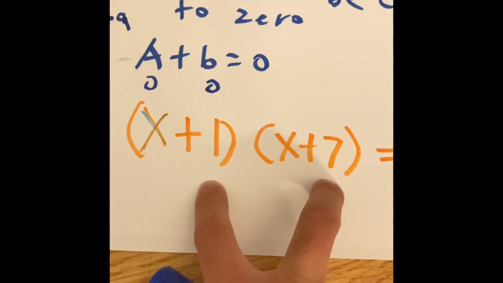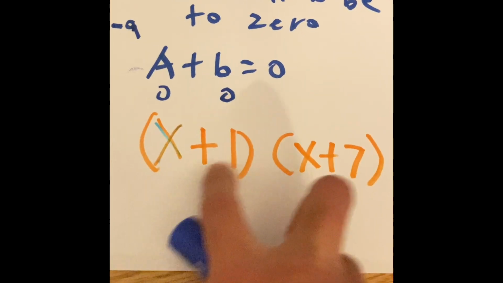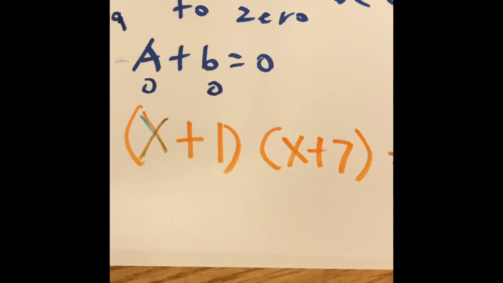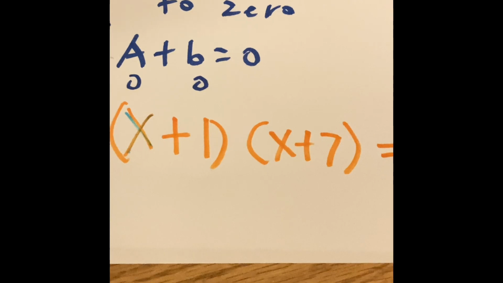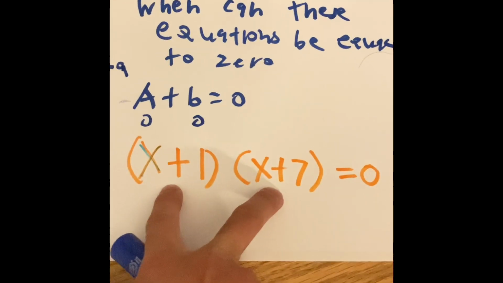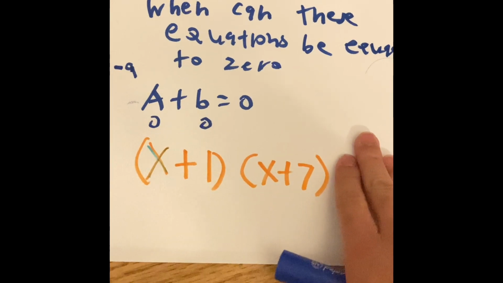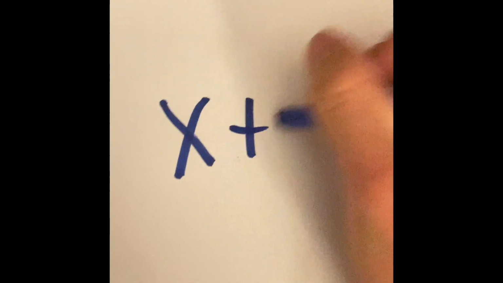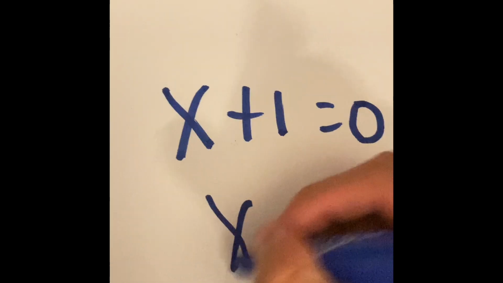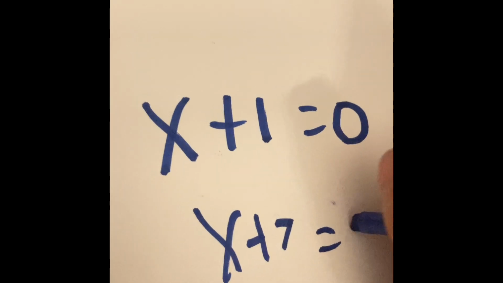With this scenario, for example, x plus 1 and x plus 7, we've got to simplify this out. Since there are two expressions, not including the 0, we can write x plus 1 equals 0, and we can also write x plus 7 equals 0.